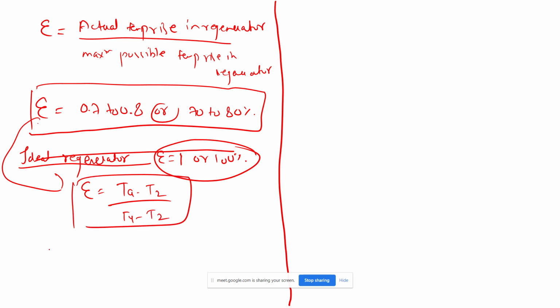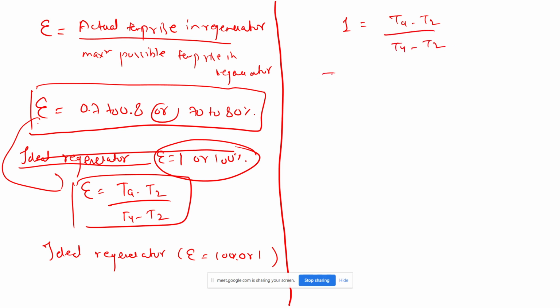So for an ideal regenerator, effectiveness should be 100% or 1. If we put the epsilon value of 1 here, T4 minus T2 is equal to Ta minus T2. So from here we get T4 is equal to Ta. It is a very important term for the ideal regenerative cycle.